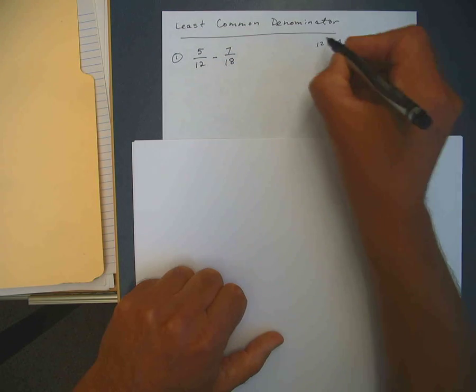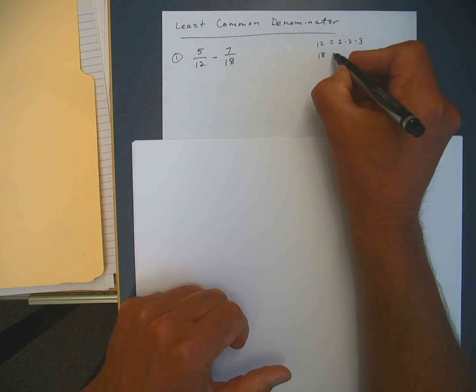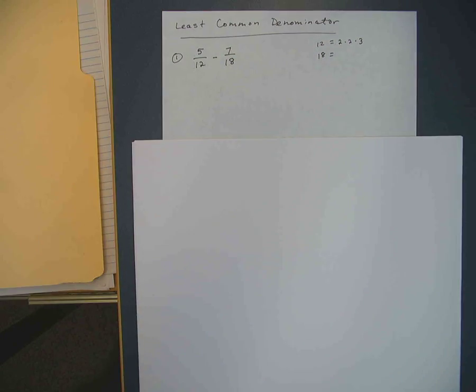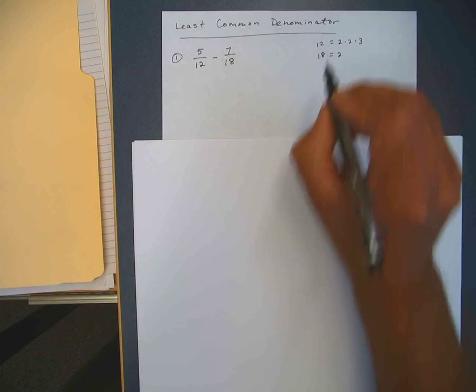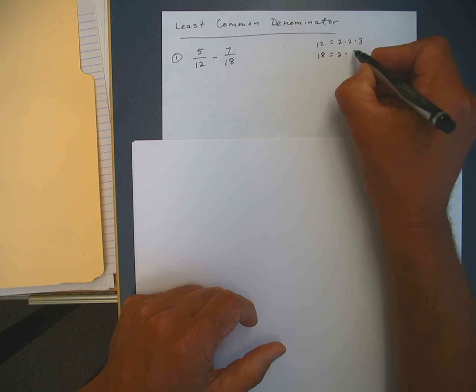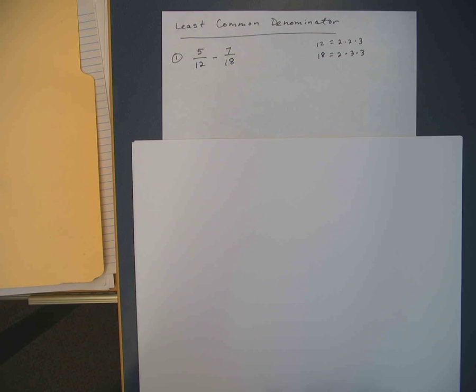Do the same thing with 18, and you can make a factor tree. I'm doing this one more in my head. 18 has a factor of 2. It would be 2 times 9, and then 9 has factors of 3 and 3. So this would be the prime factorization of 18.